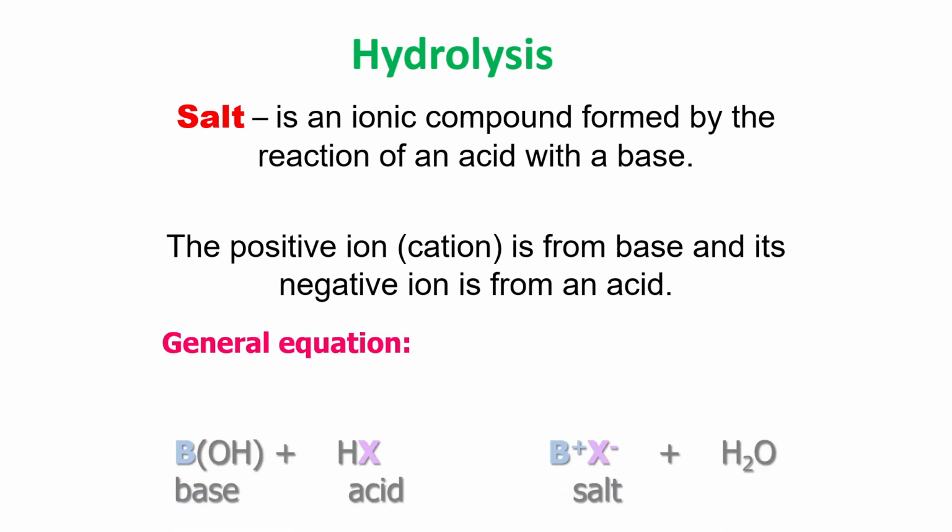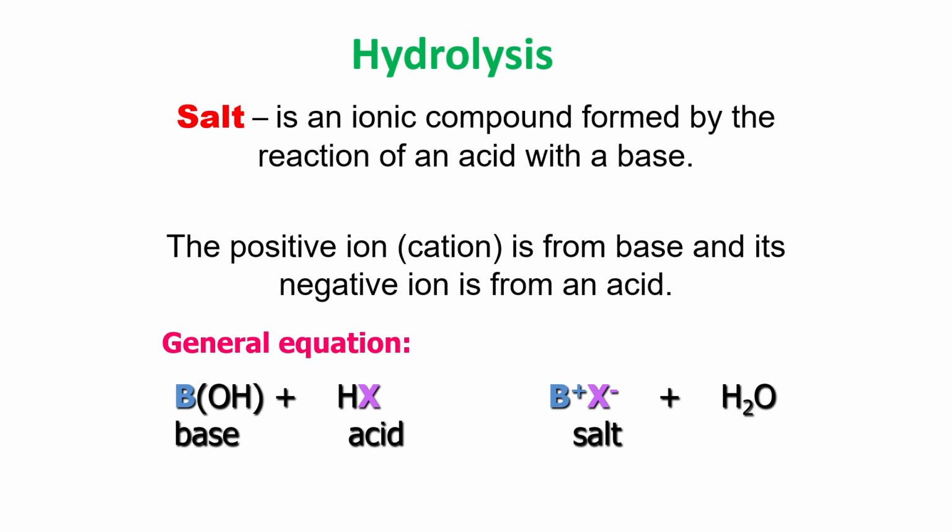The general equation for hydrolysis is BOH, the base, plus acid HX, produces B+ X- plus H2O. This is the anion, which comes from our acid. B is the cation, which comes from our base.